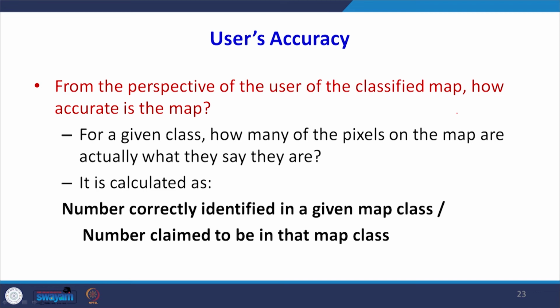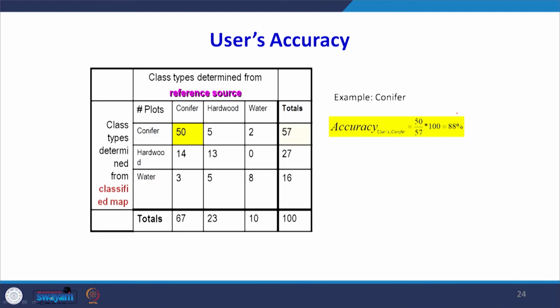So, it is calculated by the number of correctly identified pixels in a given map of a class divided by the number claimed to be in that map class. So, if we take these two figures from the contingency matrix, we can calculate the user accuracy. The example shown here is that 50 are the total correctly classified, but the total were 57.